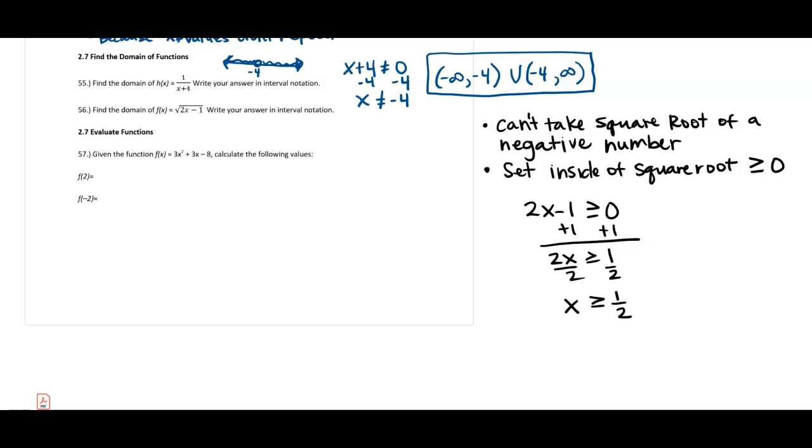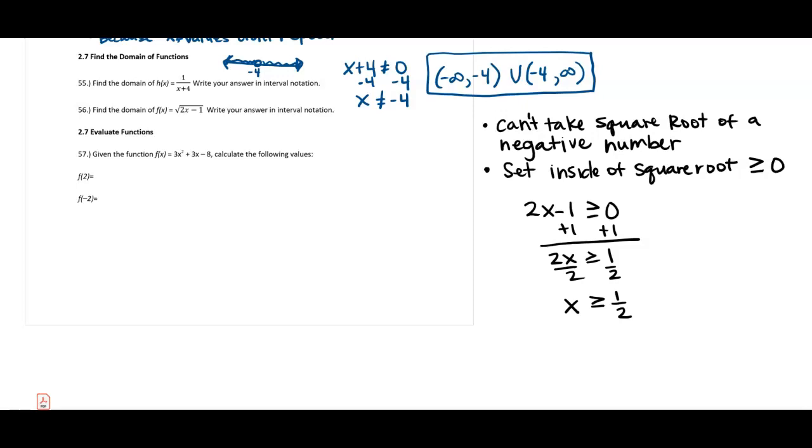So it can include 1/2. It can include 1, it can include 2, it can include 3. But it can't include 0, because that's less than 1/2. It can't include -1. All of our x's have to be greater than or equal to 1/2.